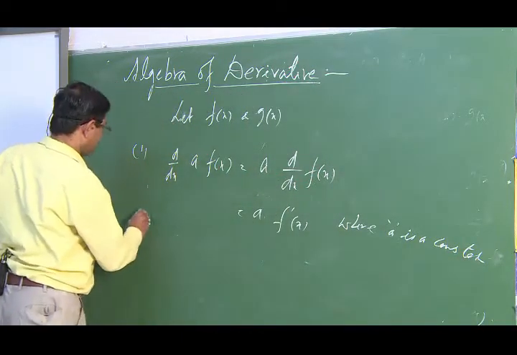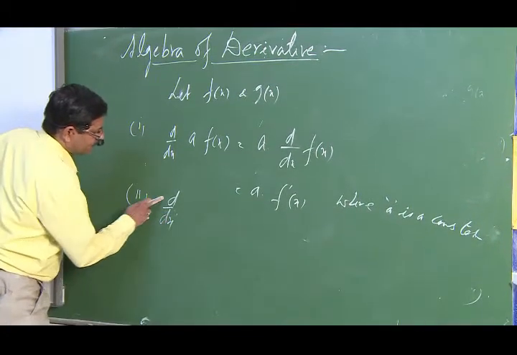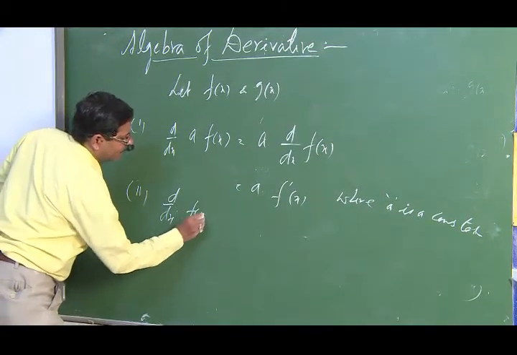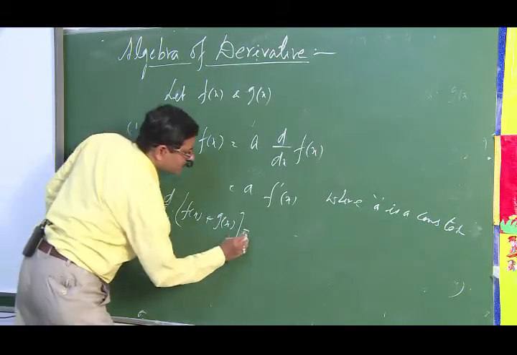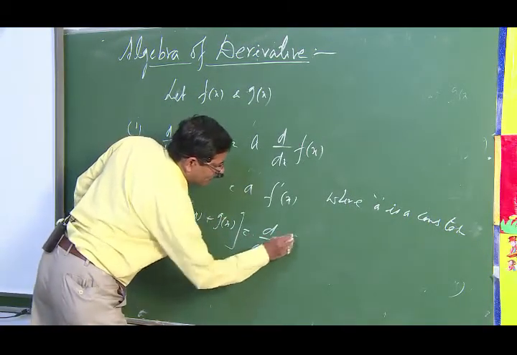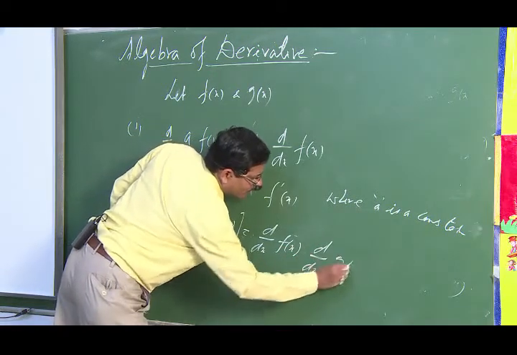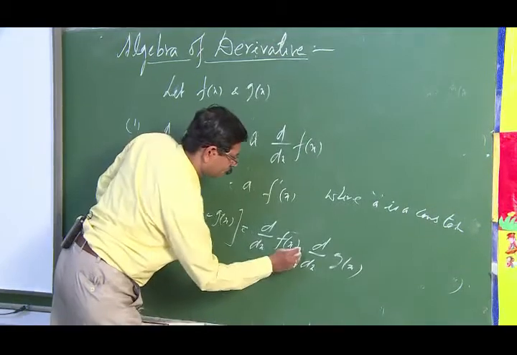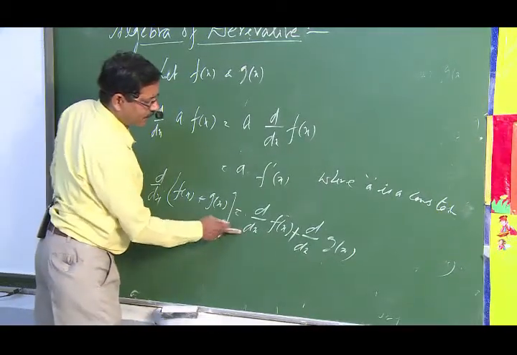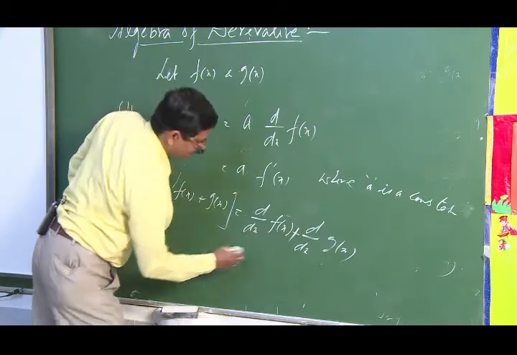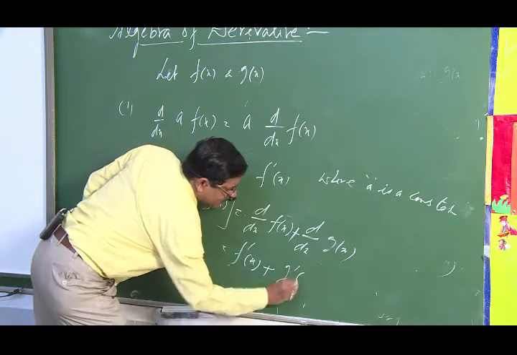Now the second property, the second algebraic property, is d by dx of f(x) plus g(x), which is the same as d by dx of f(x) plus d by dx of g(x). We can write here f dash x plus g dash x.